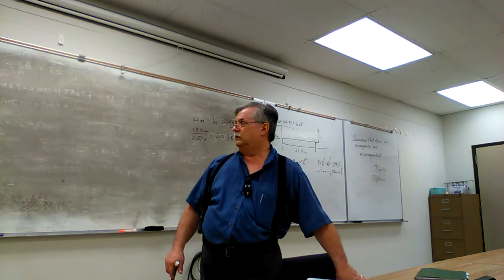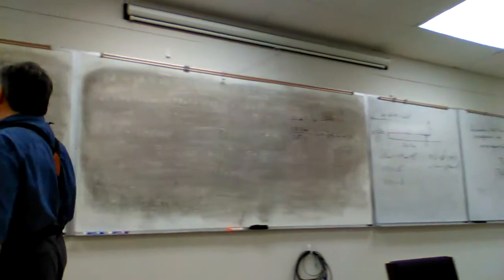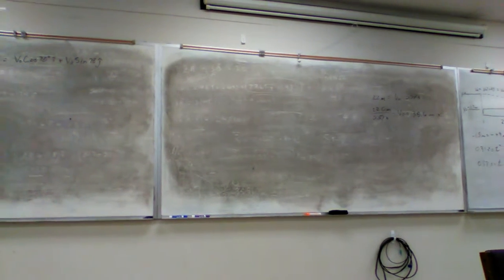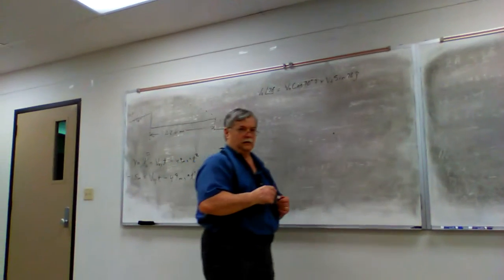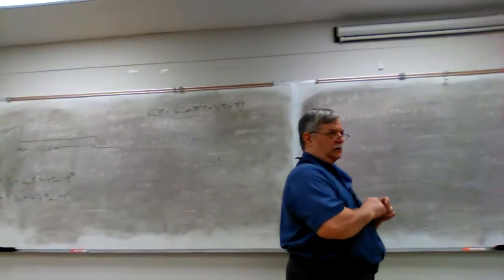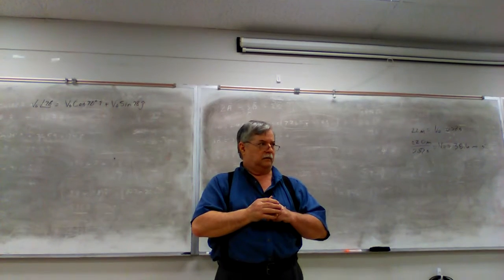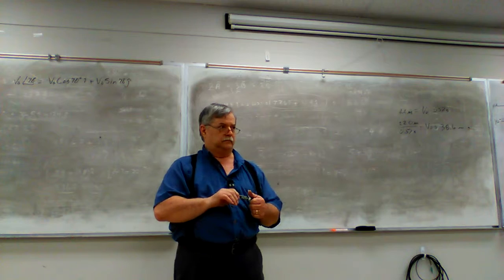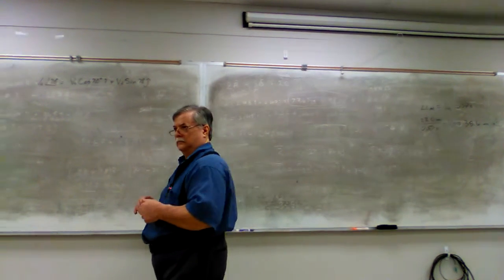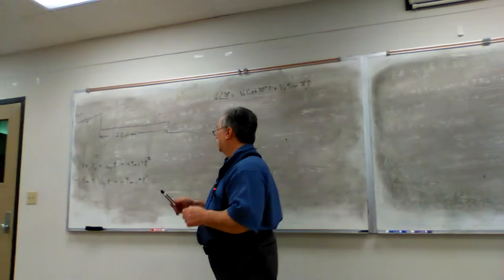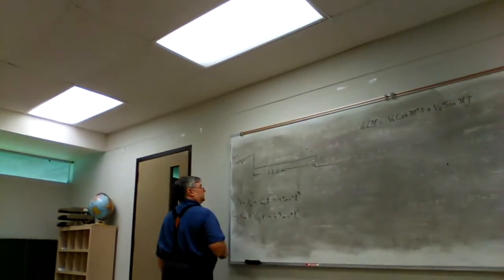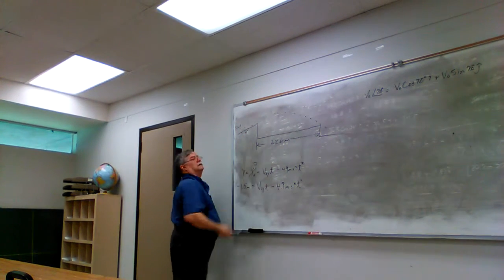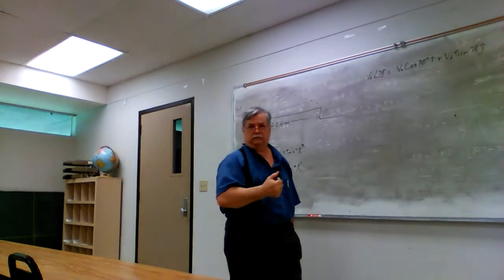What, v naught sub y? Well, that's just v naught times sine of 7 degrees. If we get v naught, we can get v naught y, but we don't know what v naught is yet. What we have to figure out is how long is he going to be in the air. And it's not going to still be a half a second. See, he's not starting off at 0. He's got a positive velocity component.